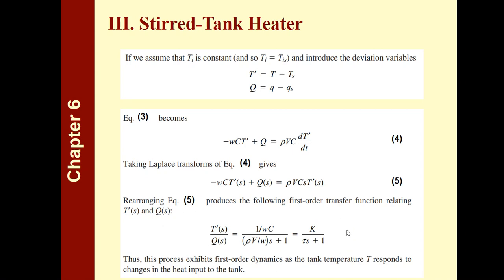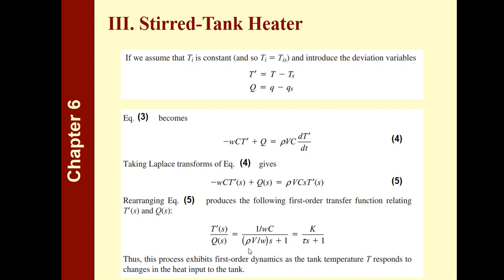a tank heater wherein the fluid is being heated. Again, the denominator, if you notice, has the same form as the two physical systems discussed, that is, the liquid level and the mixing system. The steady state gain in this case is the K. What is this K? It's based on the values that you have simplified here.